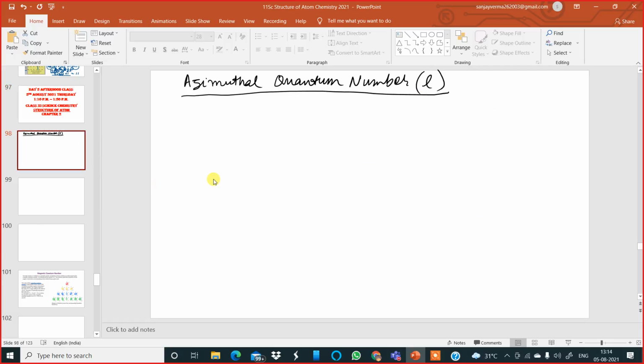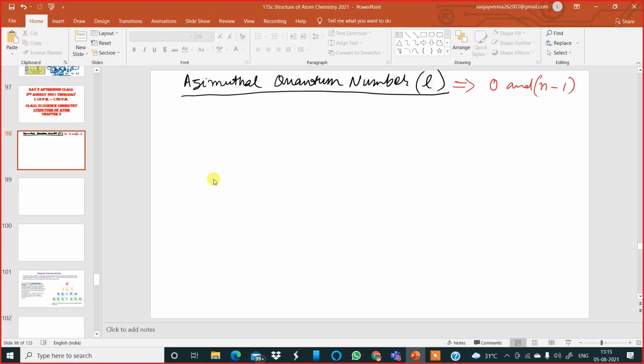So, azimuthal quantum number. On your screen, I have written azimuthal quantum number. Now this azimuthal quantum number can have positive integral values between 0 and n minus 1. This n stands for the principal quantum number.